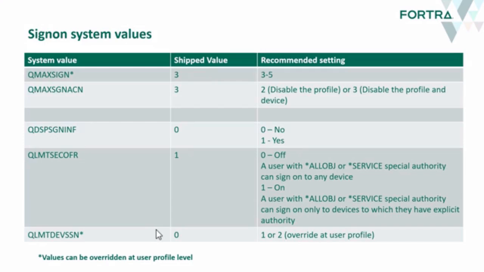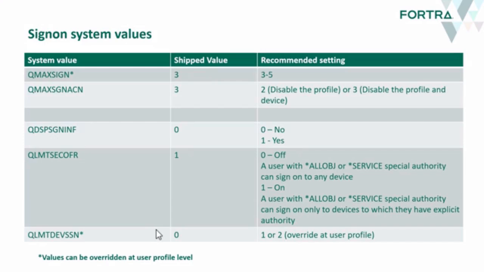After that, you have to explicitly authorize QSECOFR or any other user profile with all object or service private authorities to devices they're going to authenticate to. Often this gets turned off. I do suggest working towards getting it turned back on because it does limit that risk landscape of when an all object profile, if it gets compromised, it's going to take more information for them to be able to actually exploit it.